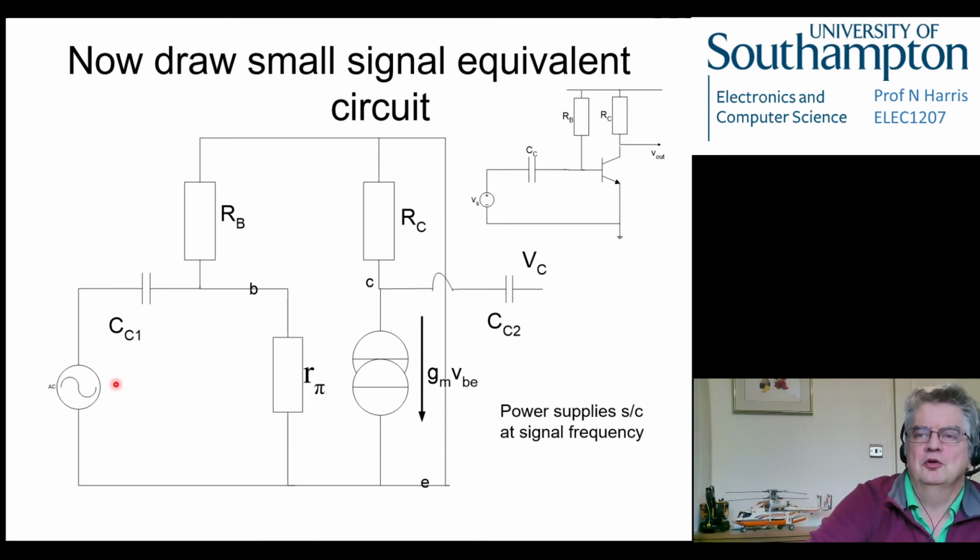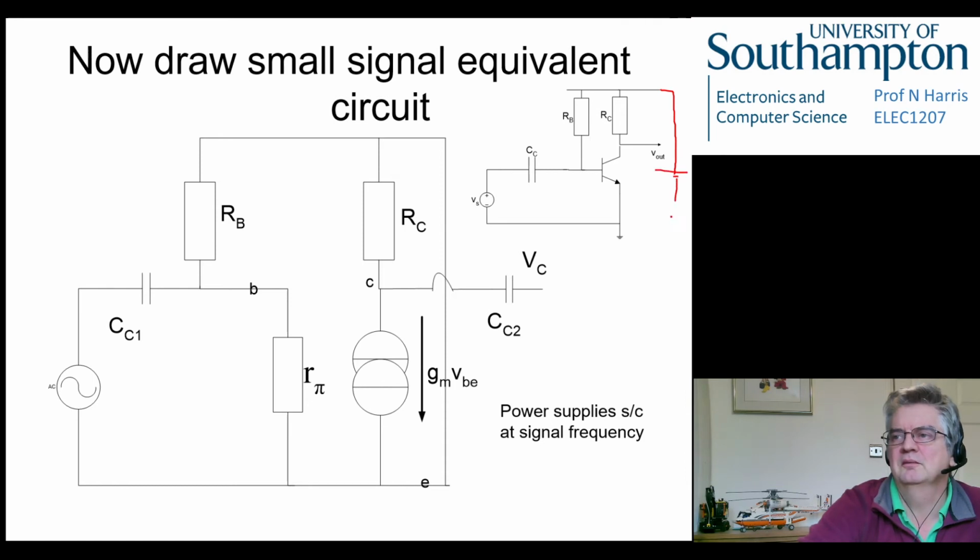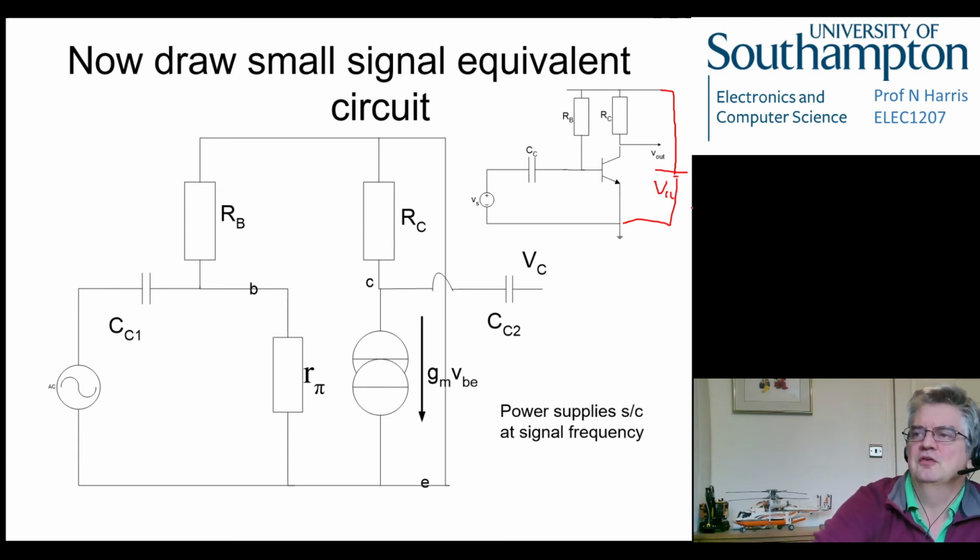But also, because we're operating AC superposition, we suppress the other sources in the circuit, and the other source is VCC up here, the power supply. Imagine, let's get adventurous with this pen, we would have a battery across here of VCC.